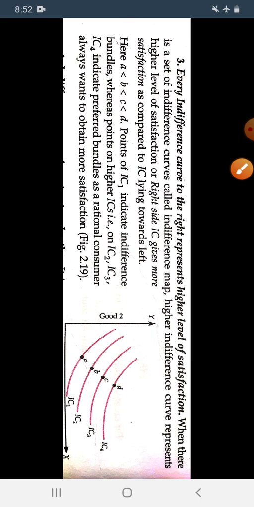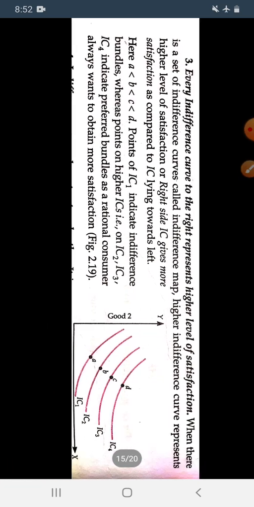It means that when there is a set of indifference curves called an indifference map, higher indifference curves represent a higher level of satisfaction, that is, the right-side indifference curve gives more satisfaction in comparison to ICs lying towards the left. When there are loads of indifference curves, it is called an indifference map.